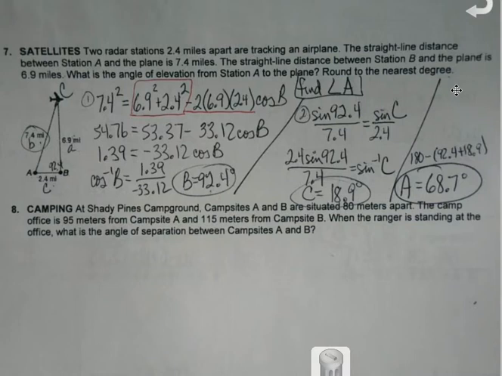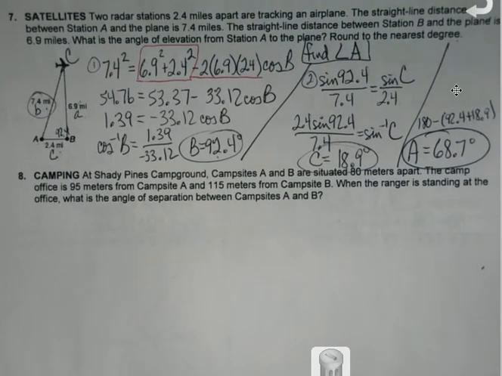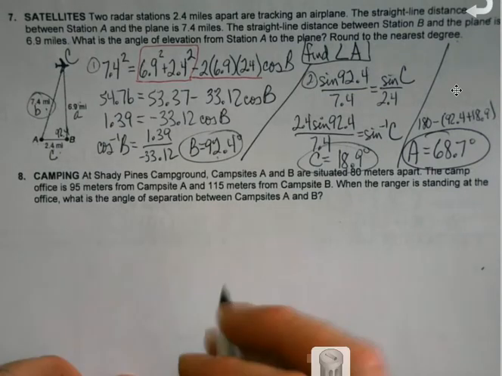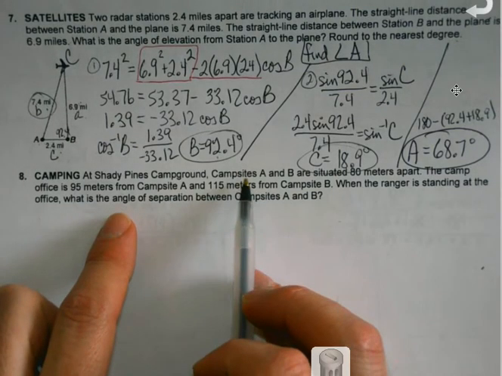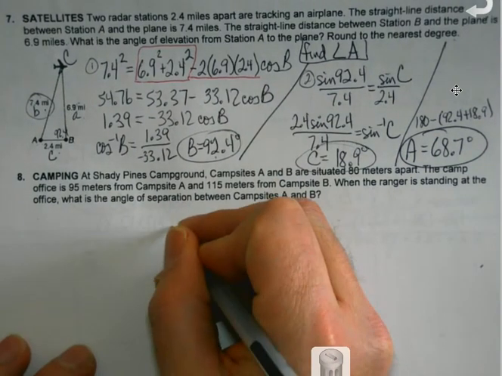So, all right, let's see what we got with this last one here. We got the Shady Pines Campground. I have no drawing, so let's read it first, just to make sure. Campsites A and B are situated 80 meters apart.